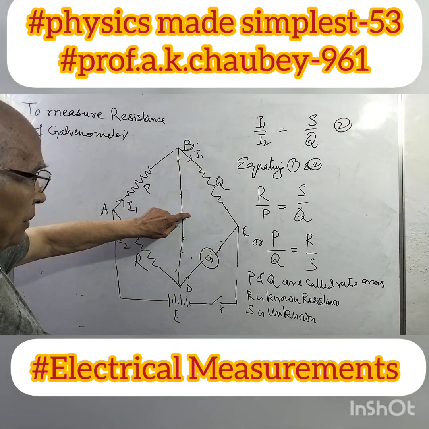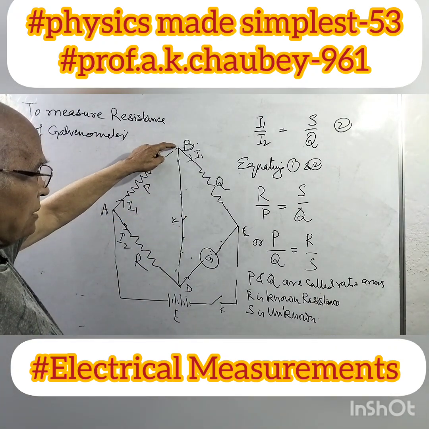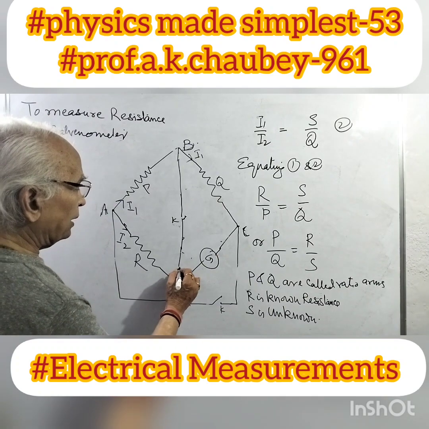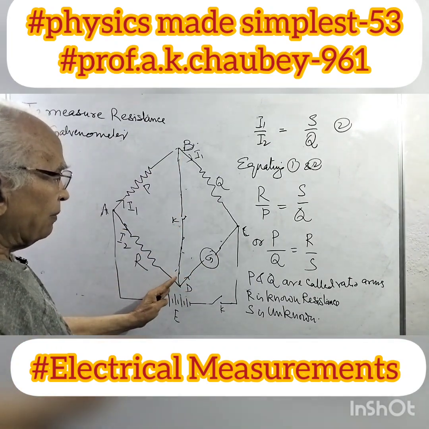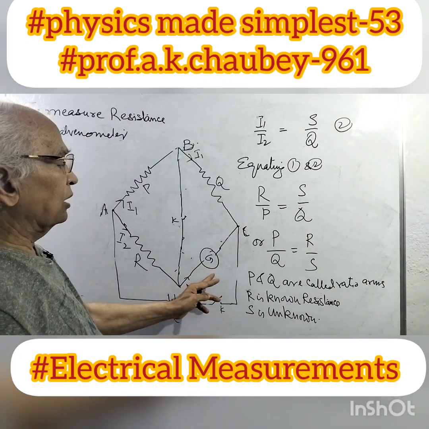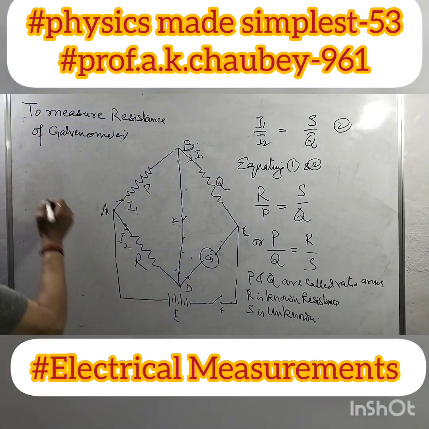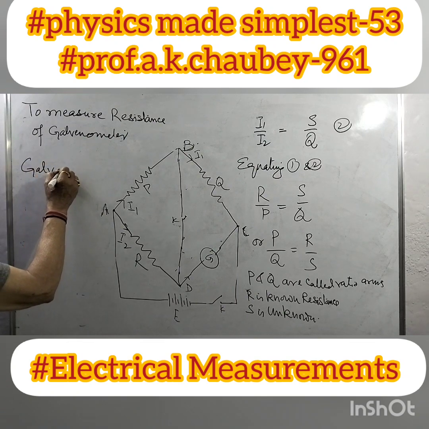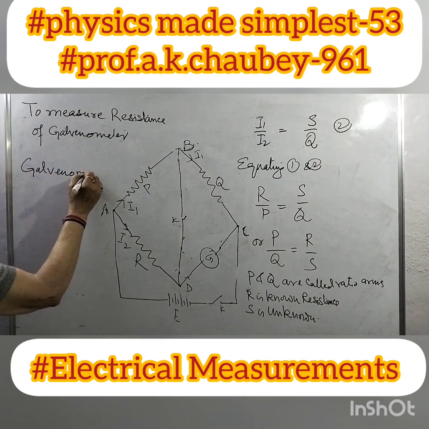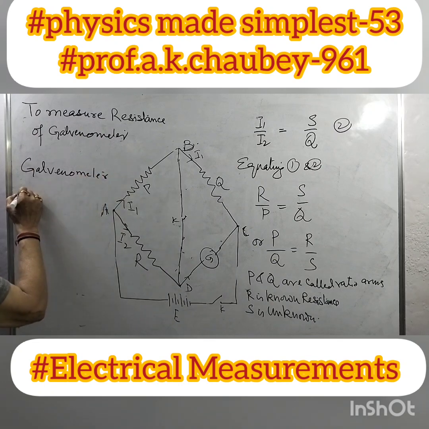So that when we press the key, the potentials at B and D are the same, which means the bridge is balanced, no current will flow in this arm and there is no deflection of this galvanometer. So the galvanometer reading remains constant.